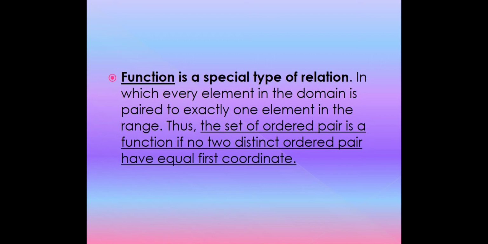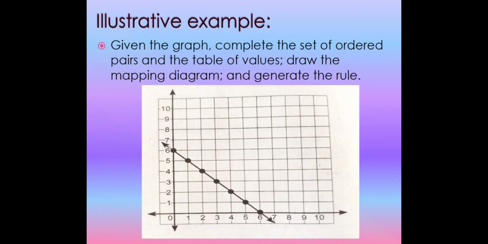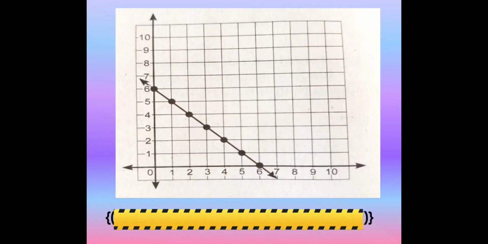Now let's have an example for you to understand how to represent or illustrate these 5 representations of relation. Given the graph, complete the set of ordered pairs, the table of values, draw the mapping diagram, and generate the rule. Now let's start with the ordered pairs. You recall how to generate the ordered pair in a Cartesian plane.